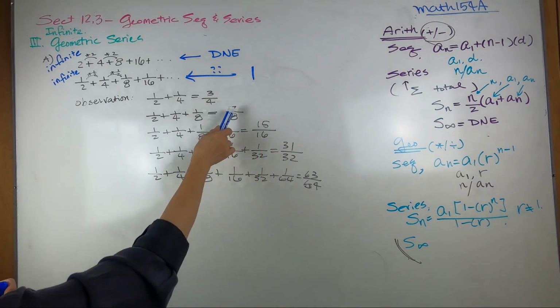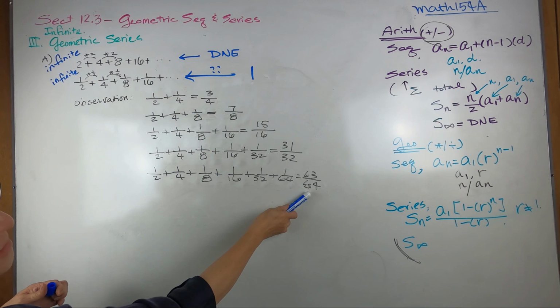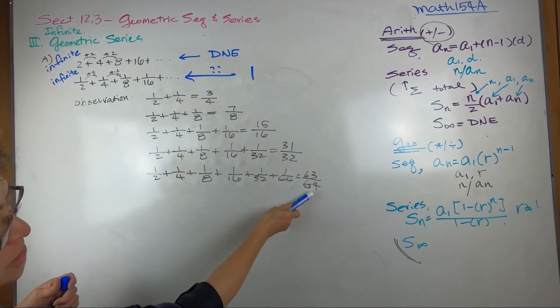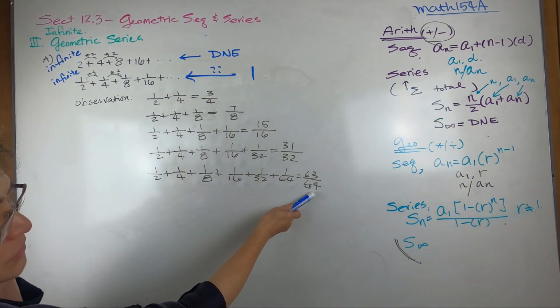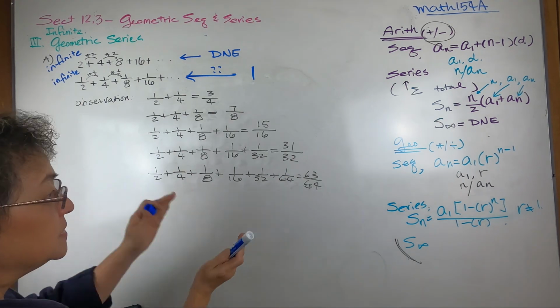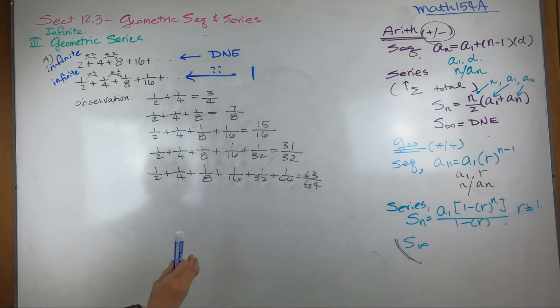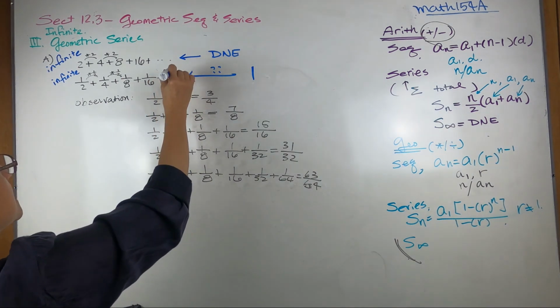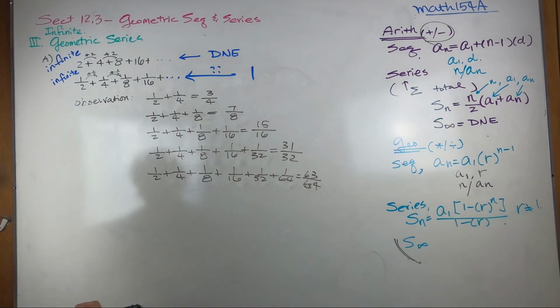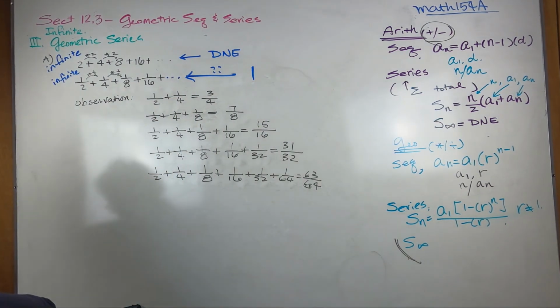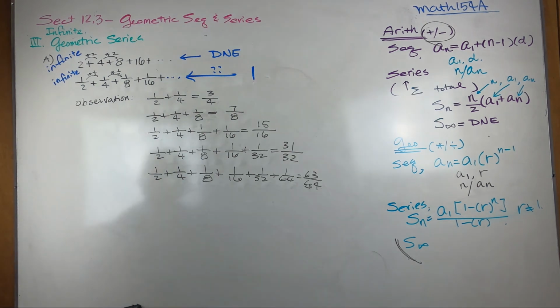Take a look: 7/8, getting bigger and bigger, but never reaching the denominator, right? Getting close, but it's bounded by 1, and you will not get over. Why? Because the number is getting smaller and smaller. If you add into it, you will not go over it.